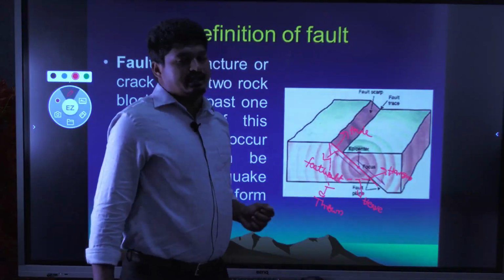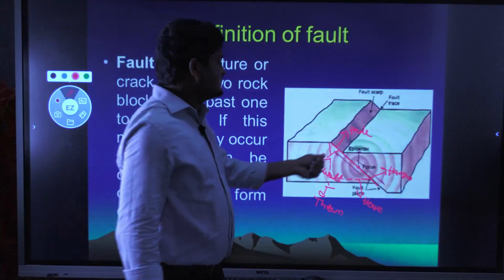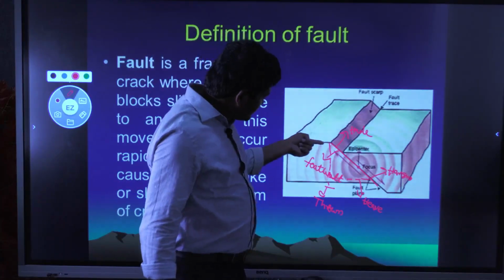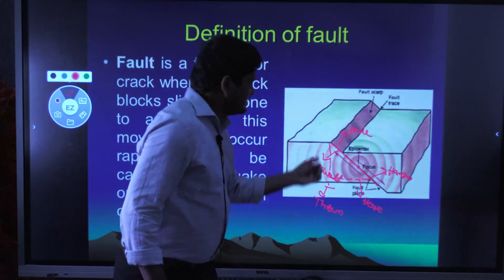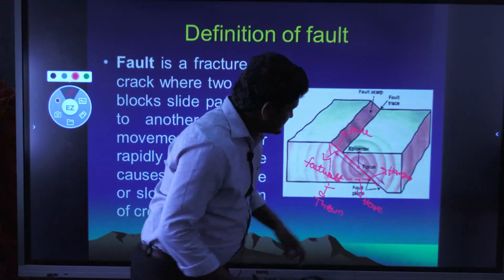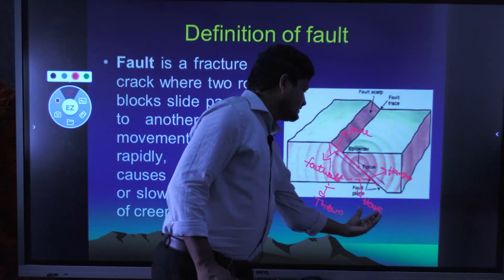How much angle there is in the particular fault, we call the hade. Vertical displacement of rock strata is the throw, and horizontal displacement of rock strata is the heave.